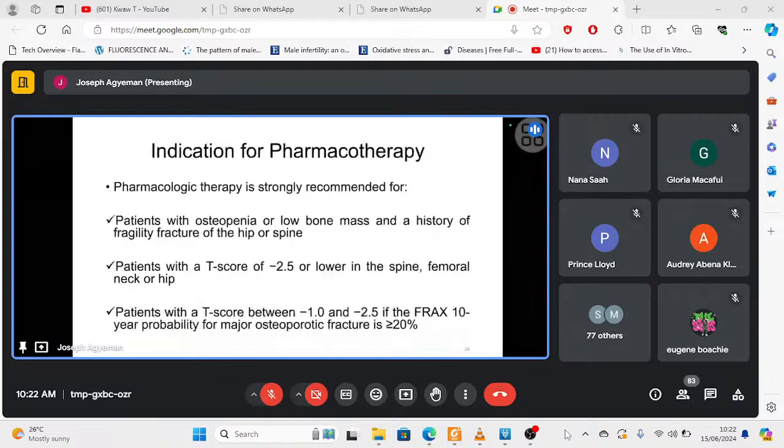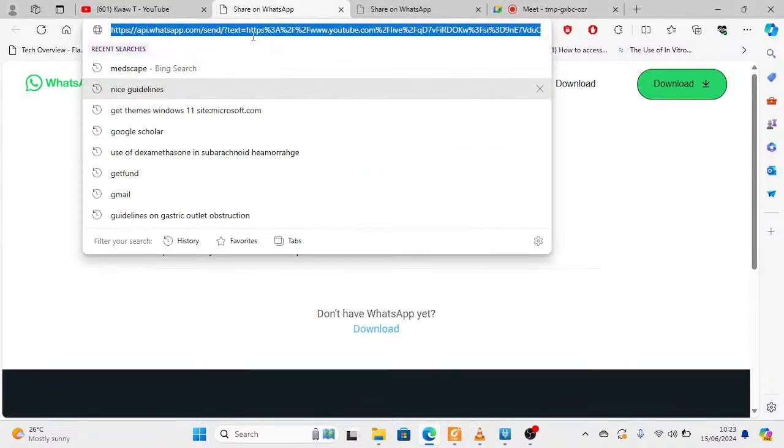Now, when do you start treatment? So indications for treatment, as in drug treatment. So in the following situations, then pharmacological treatment is highly indicated.